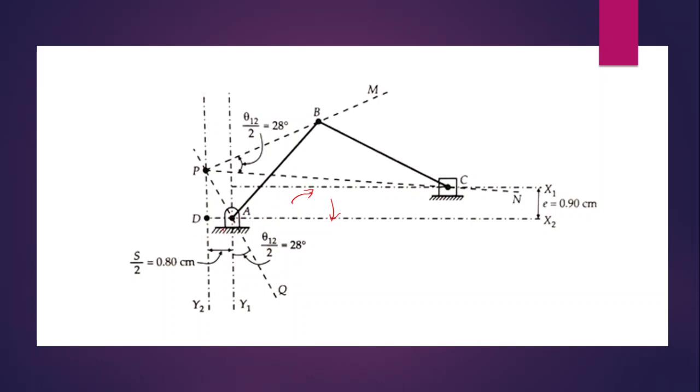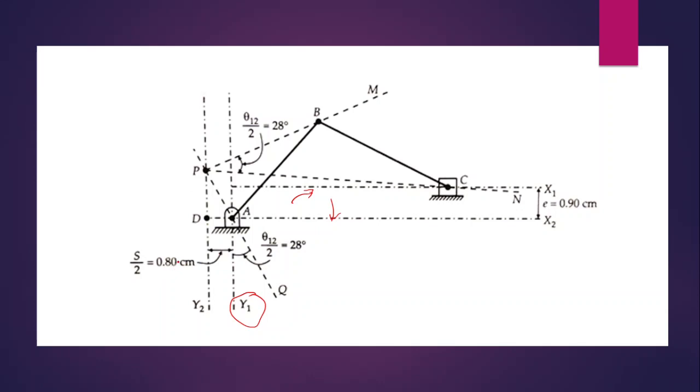Then in the next step we can draw two vertical lines, one passing through this particular point A, and name it as y1, then the second vertical line y2 must be parallel to y1 and at a distance of 0.8 centimeter.